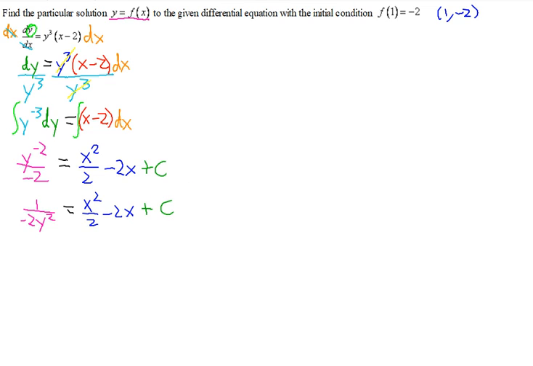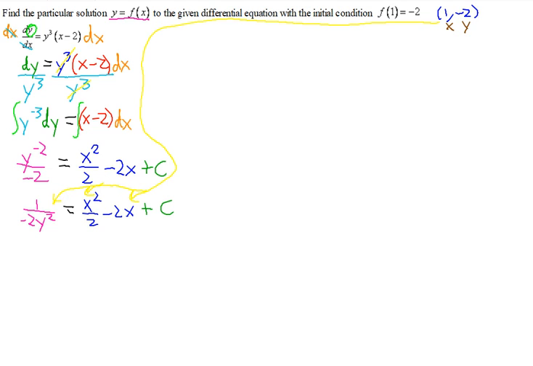Then you can substitute in the initial condition to help you solve for the unknown constant. Here's your x coordinate, here's your y coordinate. Substitute right in here. For x, there are a couple different places to substitute, and for y, there's one place.